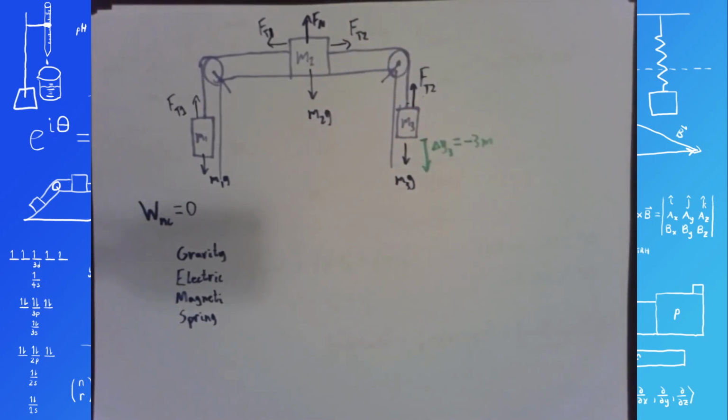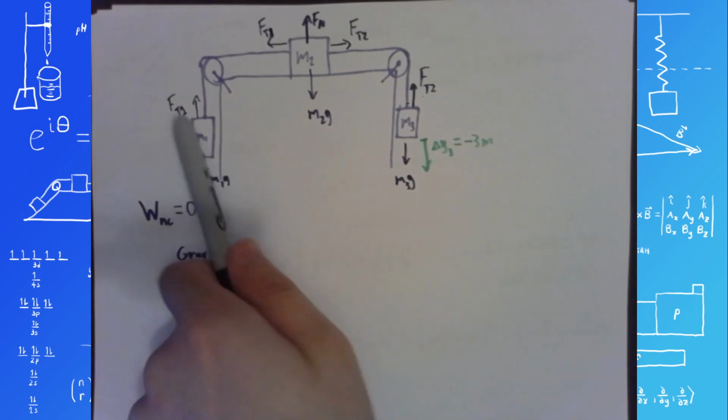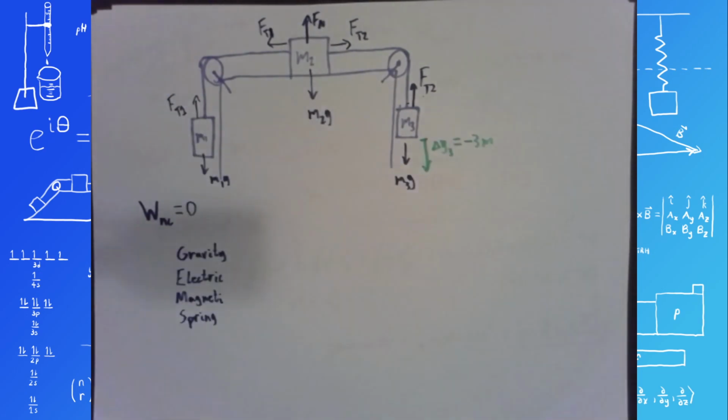So the easy way to discover that non-conservative work is 0 is if there are not any non-conservative forces. Unfortunately, that's not the case here. Tension is not a conservative force, and normal force is not a conservative force. Okay, the next best thing is if there are non-conservative forces, to show that they do no work.